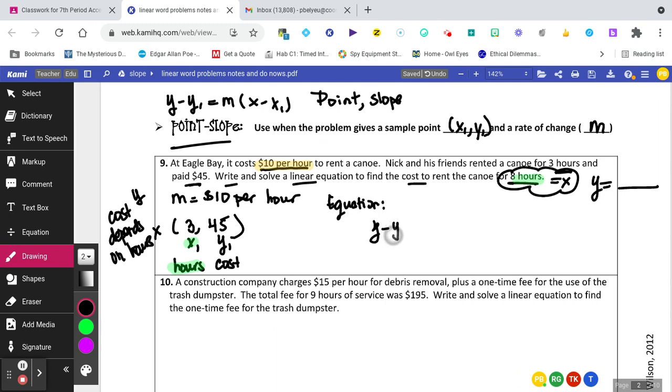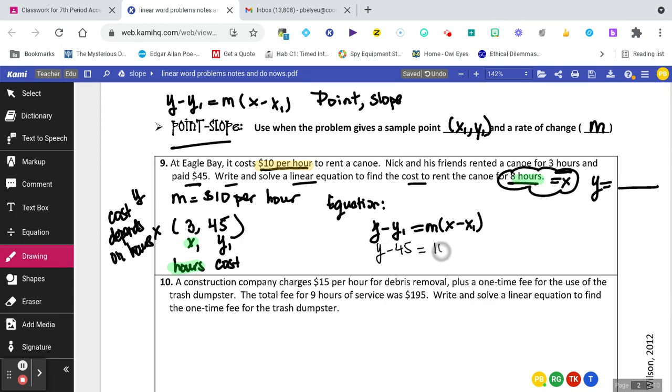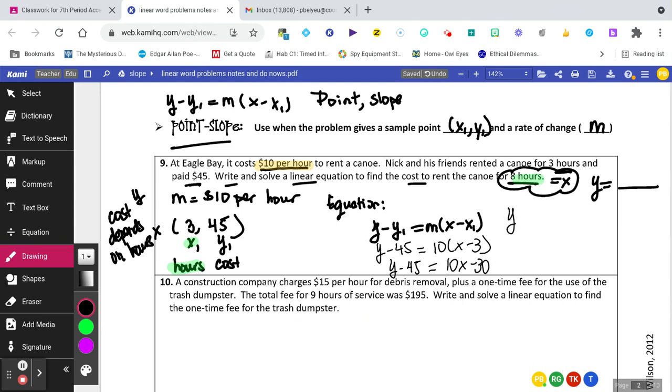y minus y sub 1 equals m times x minus x sub 1. So we're going to end up with y minus 45 equals 10 times x minus 3. And then you just distribute and solve this thing for y. Distributing gives you 10x minus 30. So I just need a little more room.